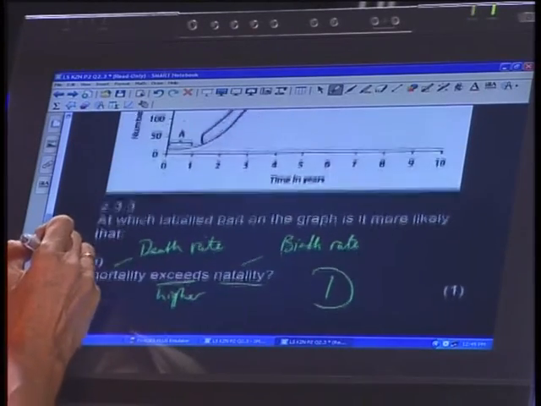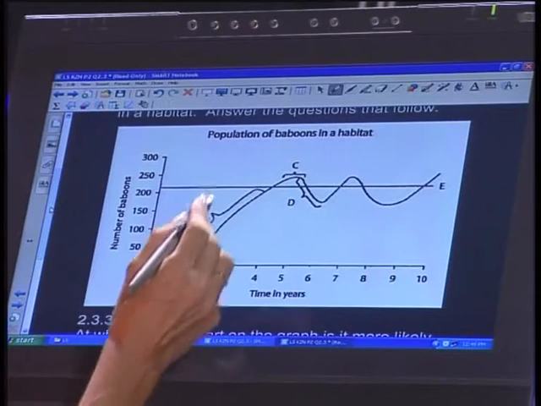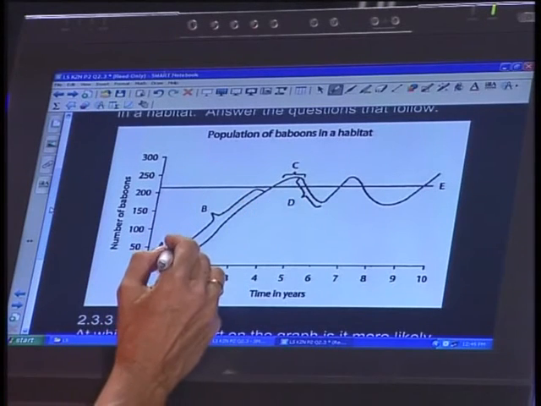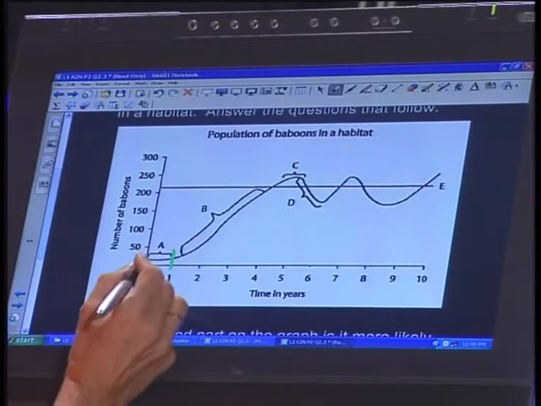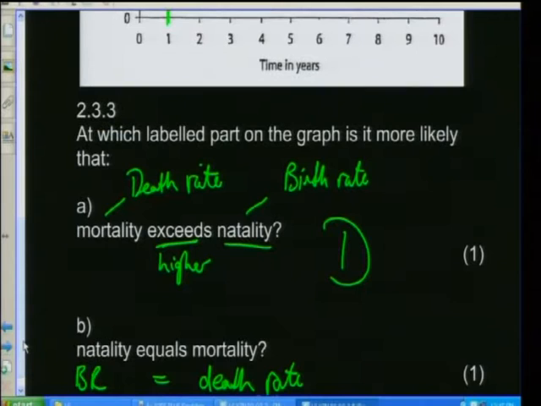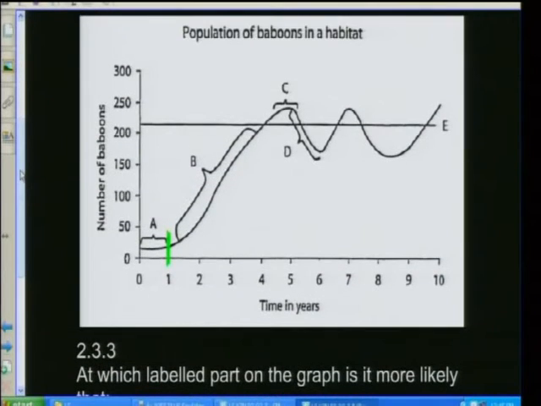Now, birth rate would be equal to the death rate where? If we look here, it was at A. Why? Because no organisms had been born and none died. So it's definitely A. But let's see if there's anywhere else. Where did your birth rate equal your death rate?